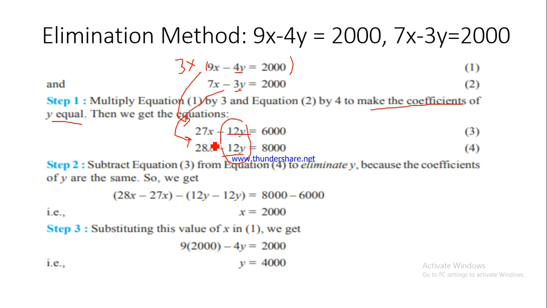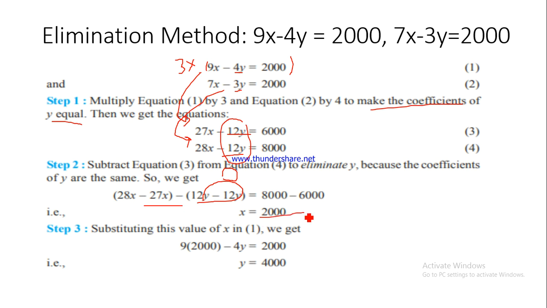The terms with the same variable would get subtracted. So 28x minus 27x, and minus 12y minus 12y, this gets eliminated. This is basically now 0, and this is why this method is called the method of elimination. On the right hand side also we are performing the same operation. So 8000 minus 6000. So basically what I get is x is equal to 2000.